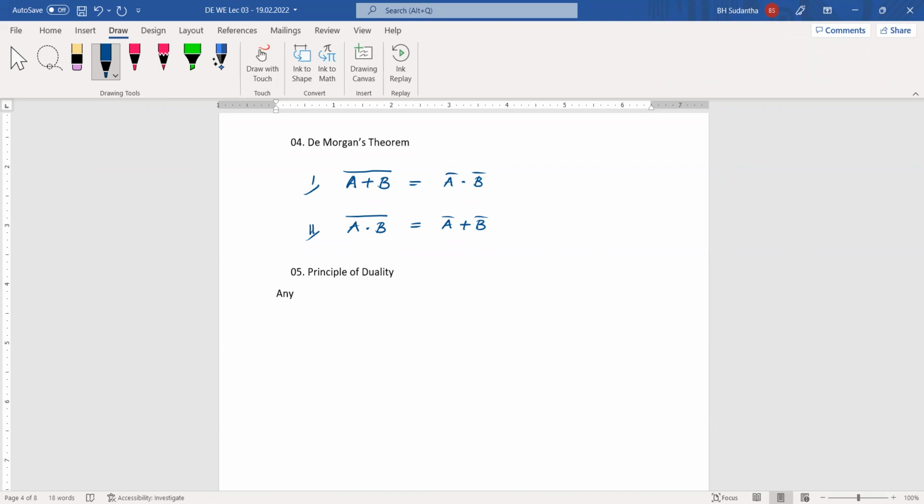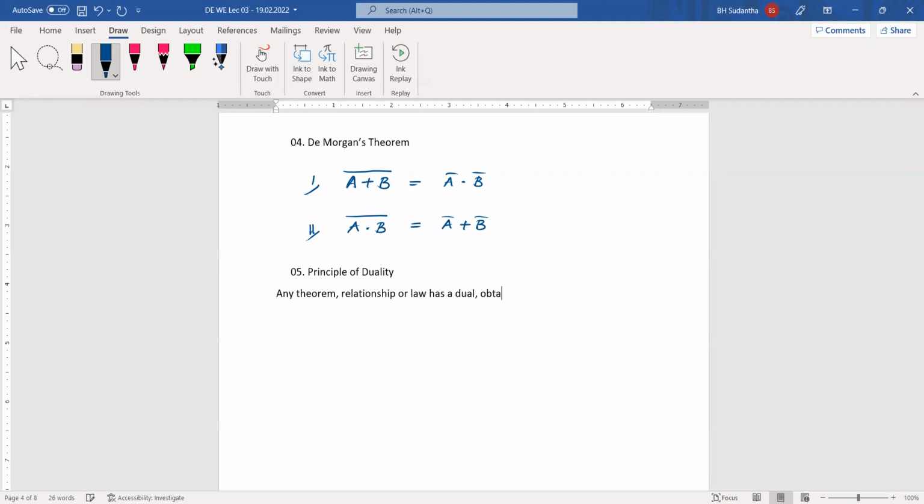Any theorem, relationship, law has a dual.